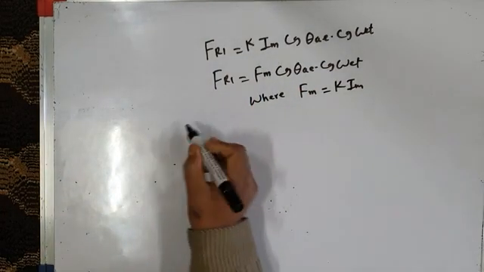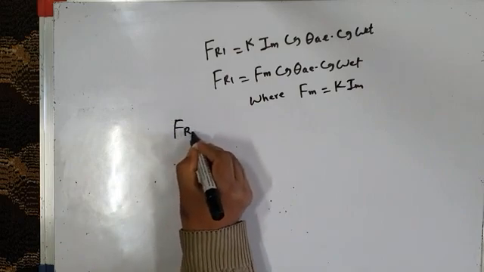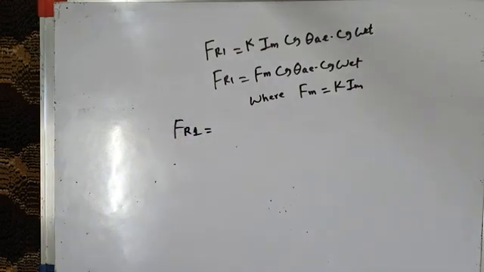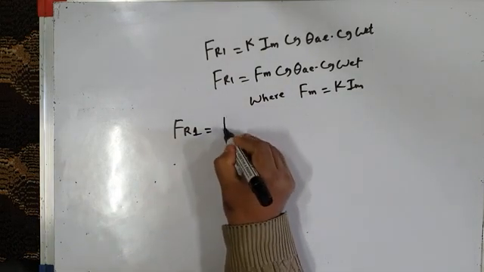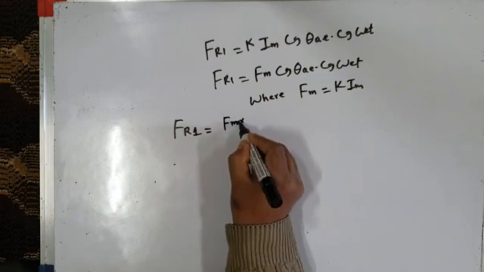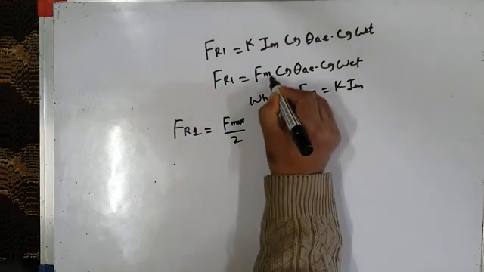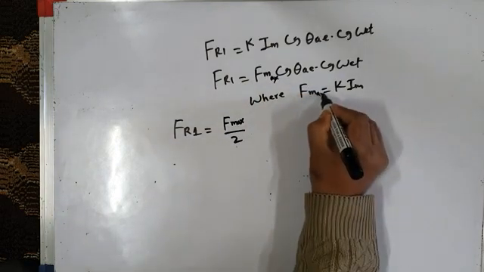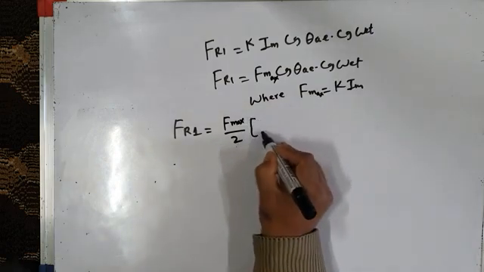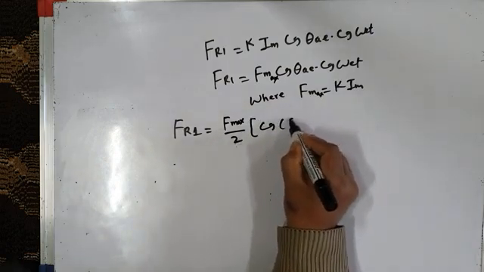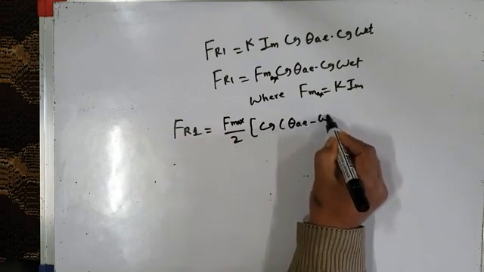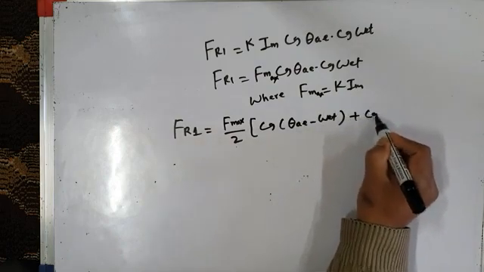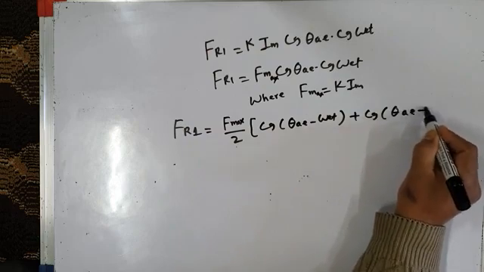Fine. If you use a trigonometric identity, you will find the fundamental component of MMF produced by the sinusoidal current flowing in the winding of a single phase induction motor is given by F max by 2 times cos of theta AE minus omega ET, plus cos of theta AE plus omega ET.